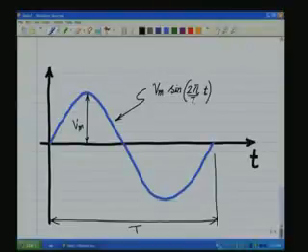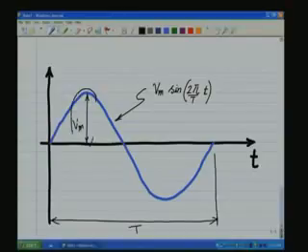So this is the equation that defines this blue colored waveform, and this is the type of waveform that you will see across every wall outlet, and in the majority of cases the AC waveforms that you will come across will be of this sinusoidal nature. Now here, what is constant? When you say it is a voltage source, with respect to load, what is it that is constant independent of variation of the load? It is this Vm amplitude.